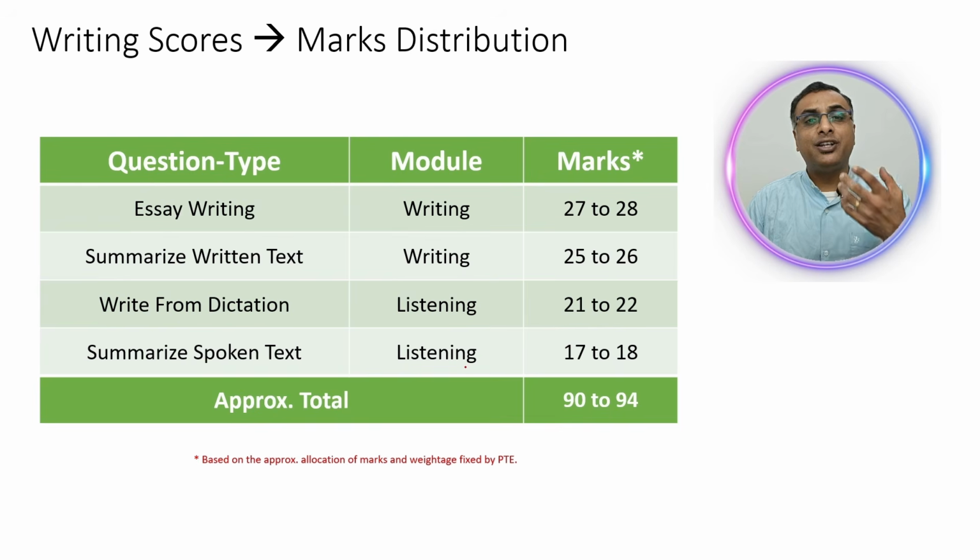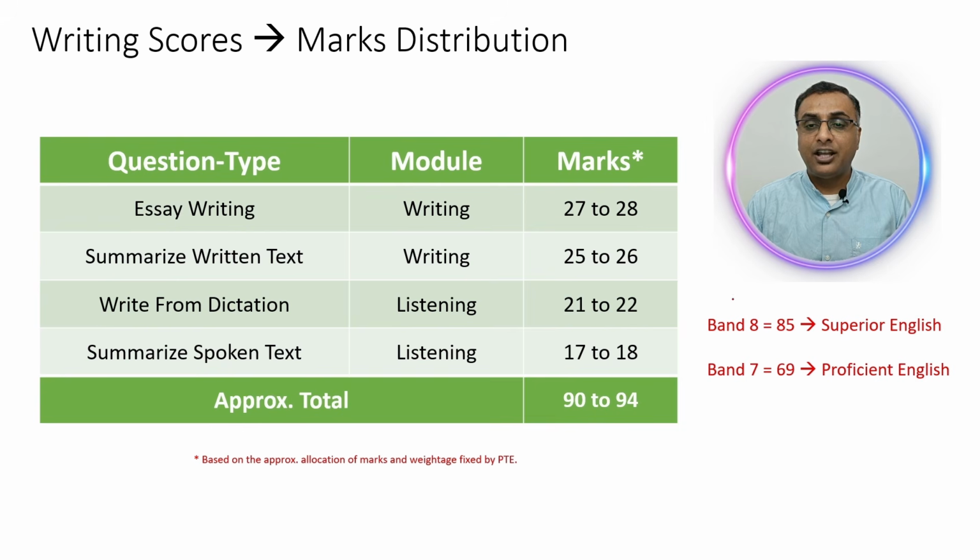If you get more than 90 marks, PTE would condense it and make it into 90 marks. Additionally, remember that if you want to get superior English scores, you would have to score approximately 85 marks or more, which is equivalent to band 8 of IELTS. And if you get 69 and above and less than 85, you will be placed under proficient English, which is equivalent to band 7.